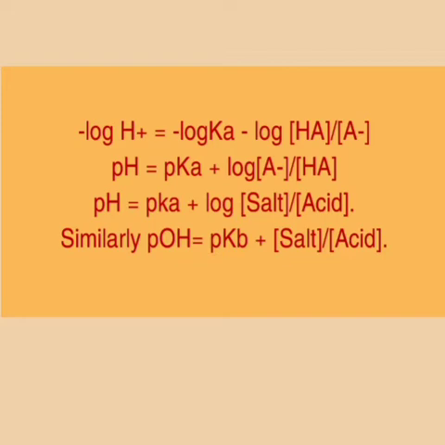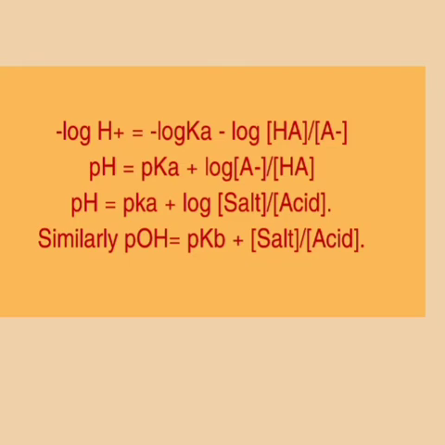Similarly, this equation in the case of weak bases and their salt with strong acid: potential of hydroxyl ion will be equal to pKb, potential of the dissociation constant for base, plus log of the molar concentration of salt divided by the molar concentration of base. Here acid is perhaps wrongly written, it is base. So pOH is equal to pKb plus log of molar concentration of salt divided by molar concentration of base.